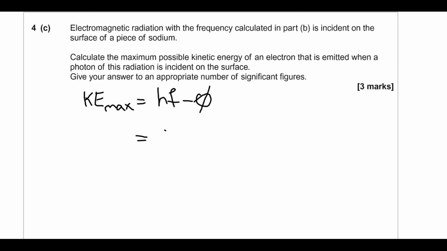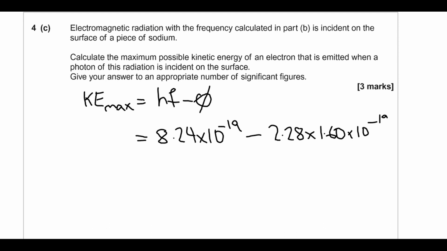So that was 8.24 times 10 to the minus 19, that was the photon energy. And we had the work function, 2.28. We need to turn that into joules, times 10 to the minus 19. So let's do that calculation now.